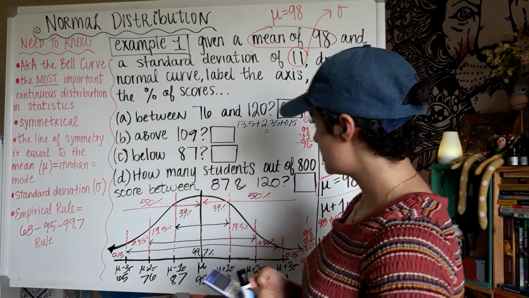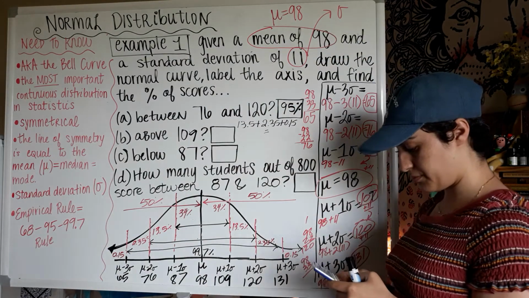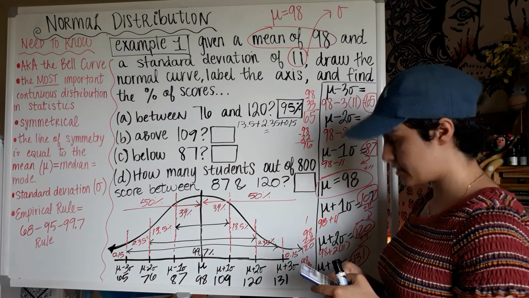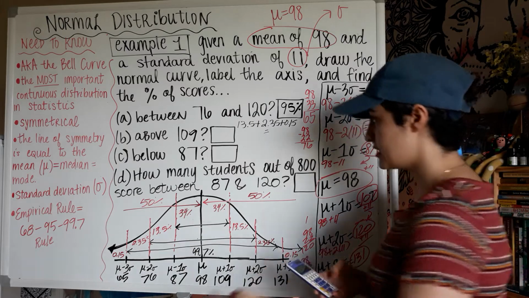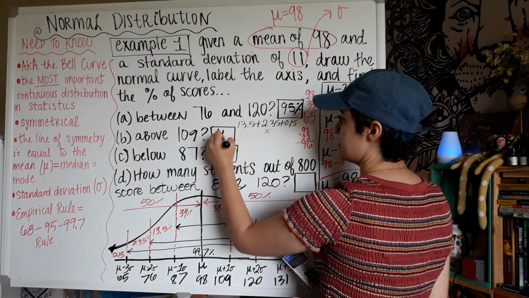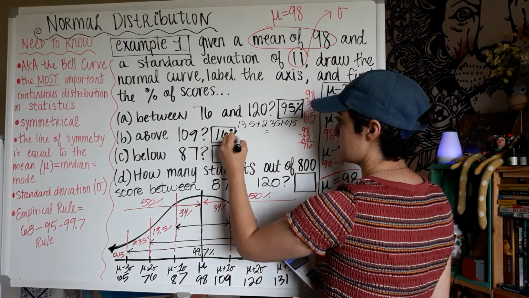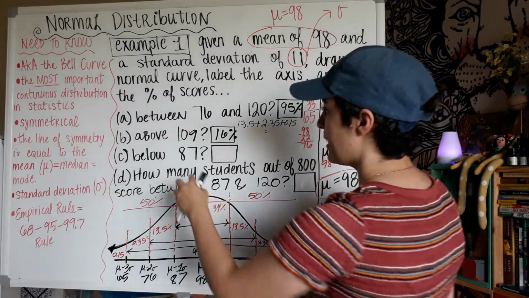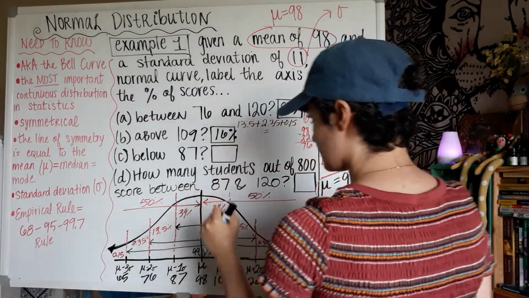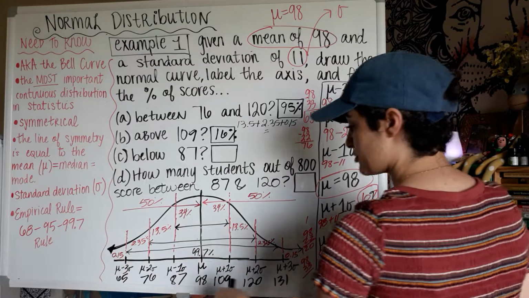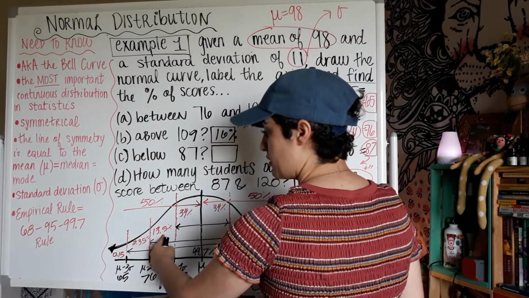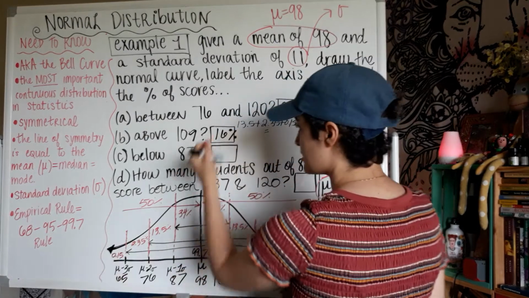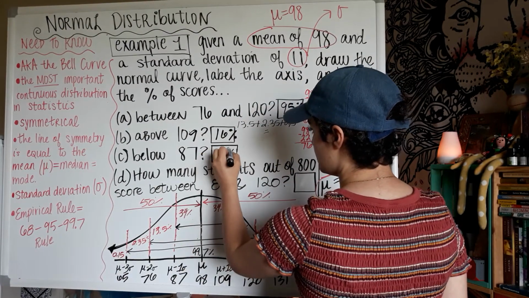Plus 2.35 plus 0.15. 16%. Okay? Below a score of 87, I'm sorry. Below 87, so that would be 13.5 plus that. We just did that, so that's also 16%.